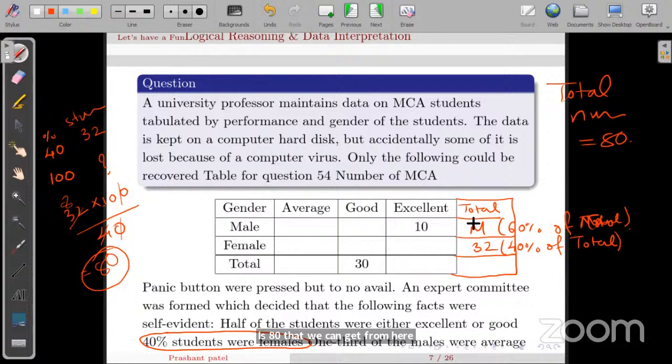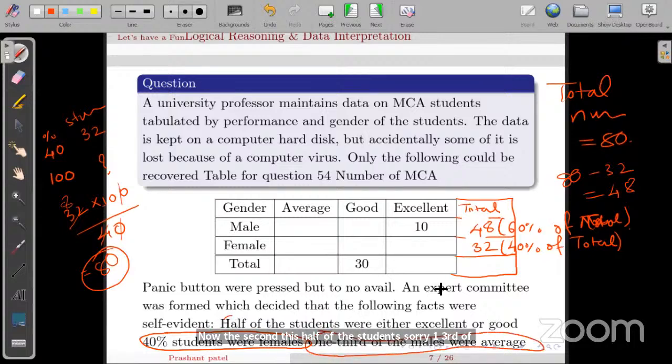So what will be the value of M now? That is 80 minus 32, which gives me 48. So now the value of M is 48. Now 1/3 of male students are average.